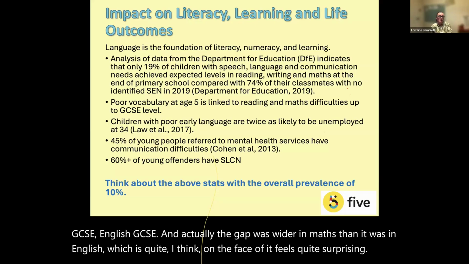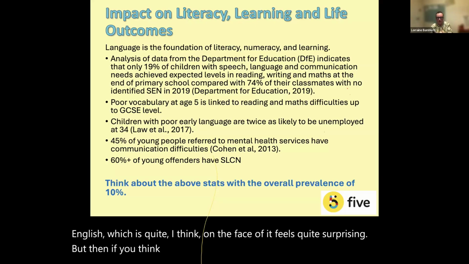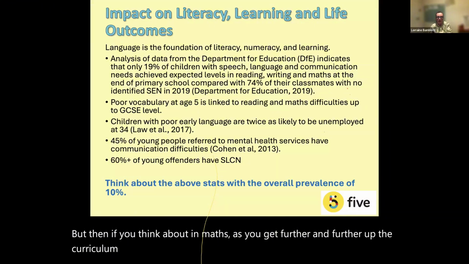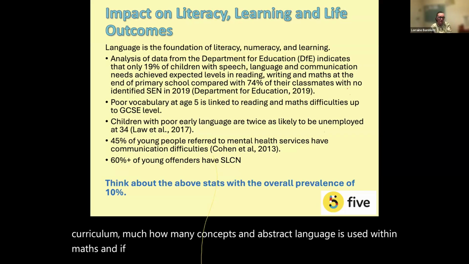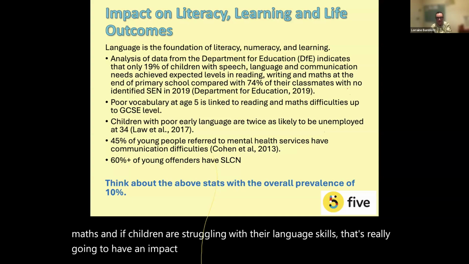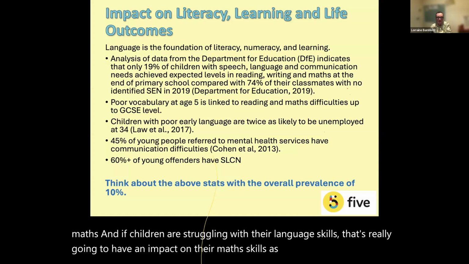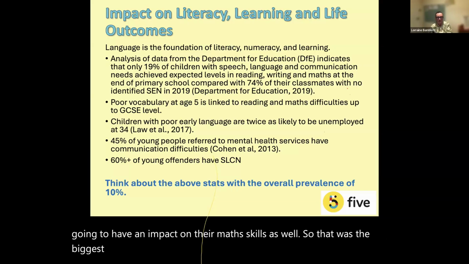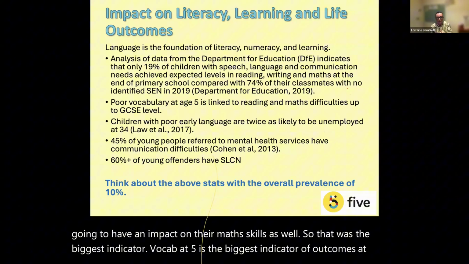But if you think about maths, as you get further up the curriculum, how many concepts and how much abstract language is used within maths. If children are struggling with their language skills, that's really going to have an impact on their maths skills as well. Vocab at 5 is the biggest indicator of outcomes at GCSE level.